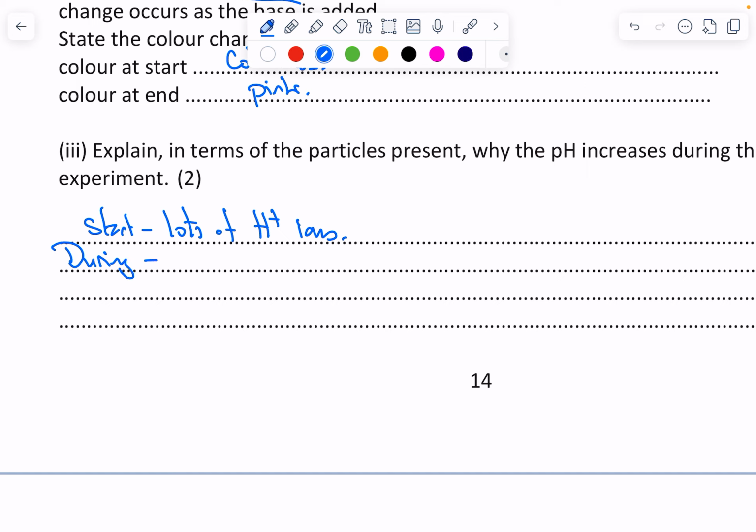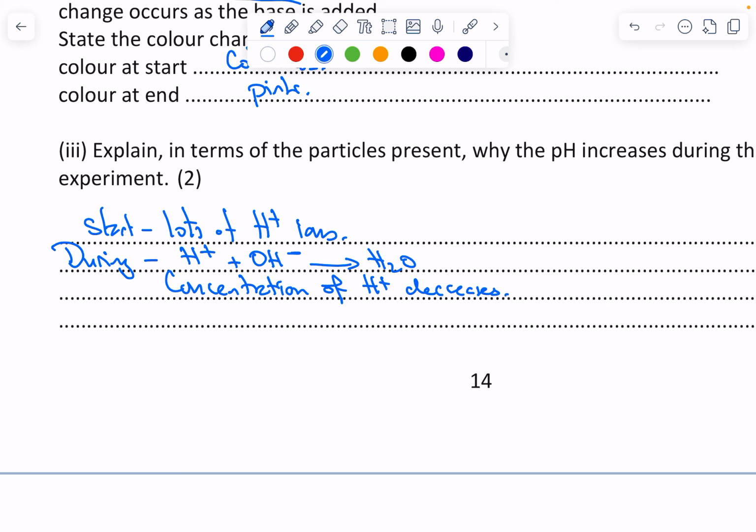And then during the reaction, the H plus ions react with the OH minus ions to form water. So this means that the concentration of H plus ions decreases during the reaction. So it's 2 marks, 2 bits.